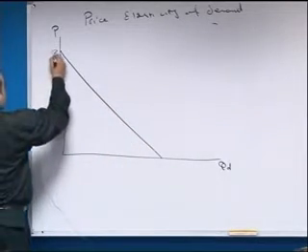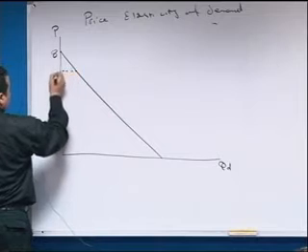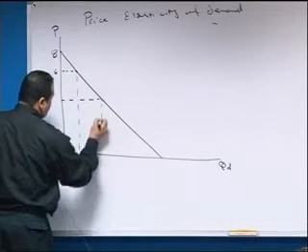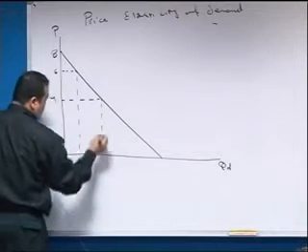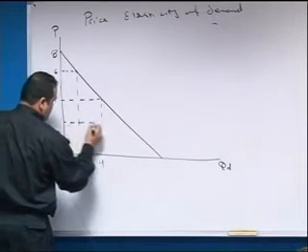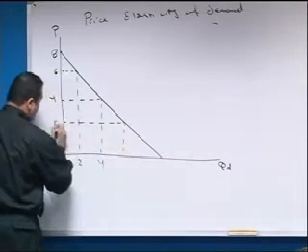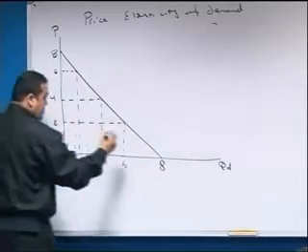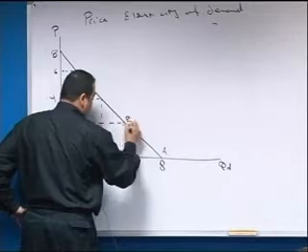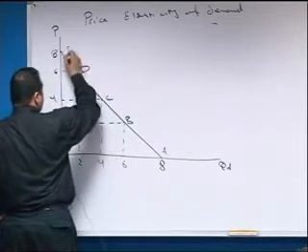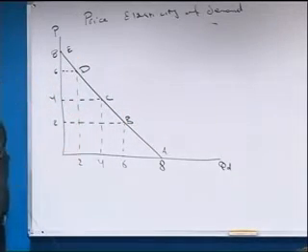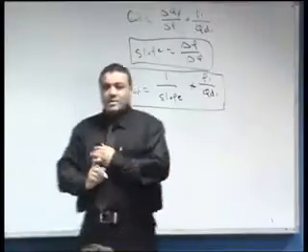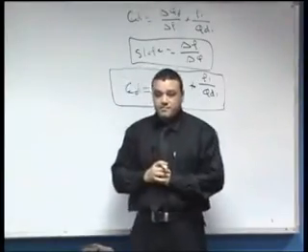This is 8, 6, 4, 2 on the price axis, and 0, 2, 4, 6, 8 on the quantity axis. These are points A, B, C, D, E. Calculate the slope of the demand curve.